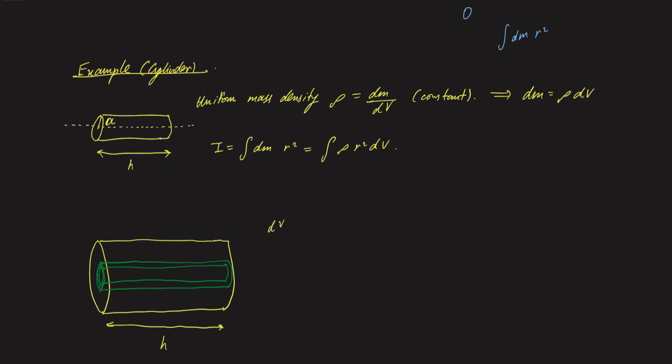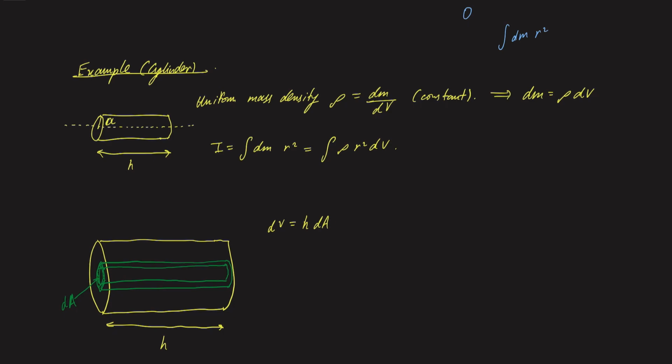Why? Because we have dV is equal to the volume of this green cylinder. It's going to be given by h times the area of these rings. It's a differential area because it's an infinitesimally small quantity. Okay, so we have dV equals h times dA. The question is, what's dA? Well, the area of a disk is pi r squared.